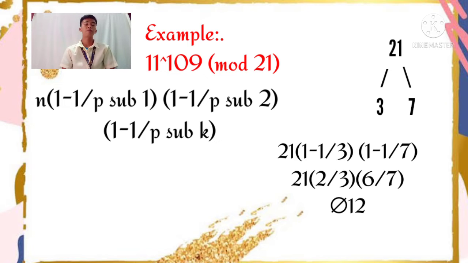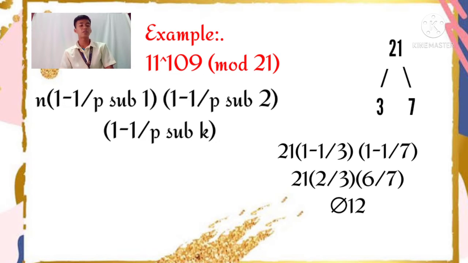So, we have 21 times the quantity of 1 minus 1 divided by 3, times the quantity of 1 minus 1 over 7. As you can see, we use the denominators 3 and 7 because 3 and 7 are the factors of 21.